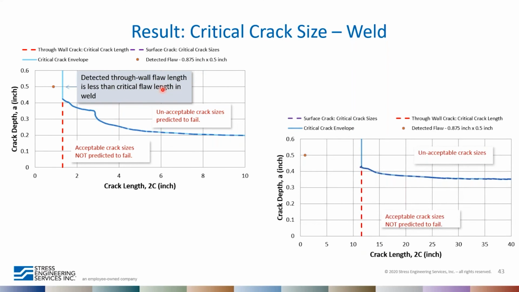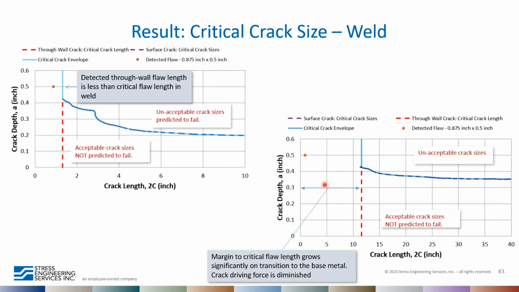So when we look at the same solution, this time we're looking in the base metal, we see that the critical crack size curve has shifted up. We no longer have a residual stress, and so the crack has a little bit more of an allowance on the critical crack size curve. And more importantly, the through wall solution has actually expanded quite greatly. And so the margin to the critical flaw size grows significantly when we transition into the base metal. And the crack driving force is diminished.